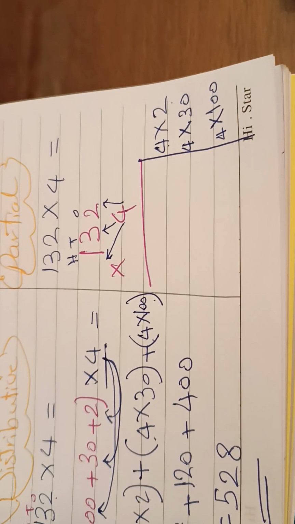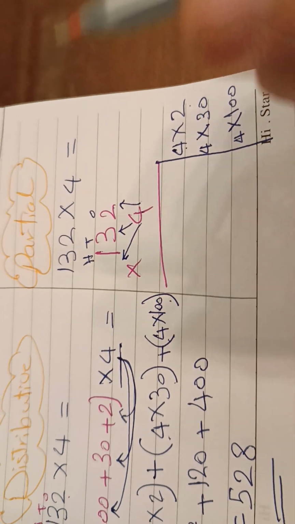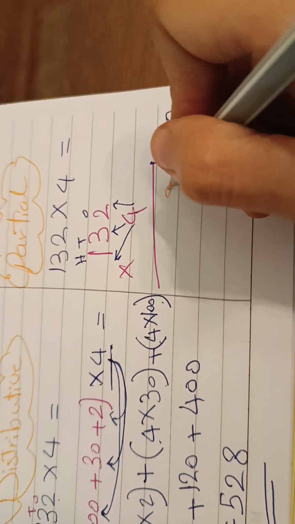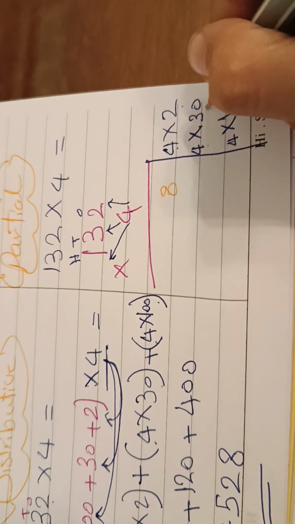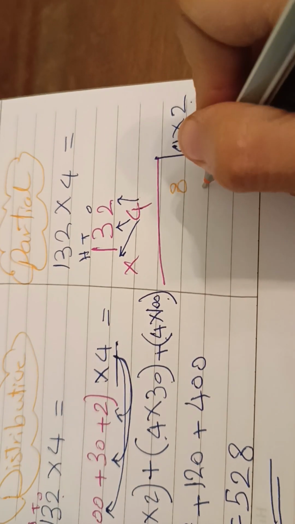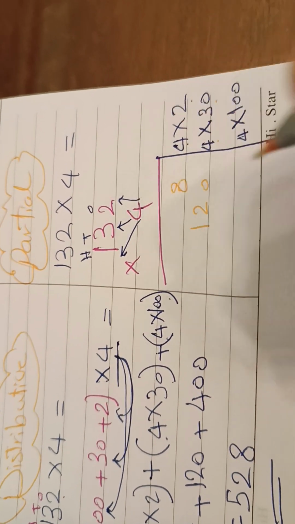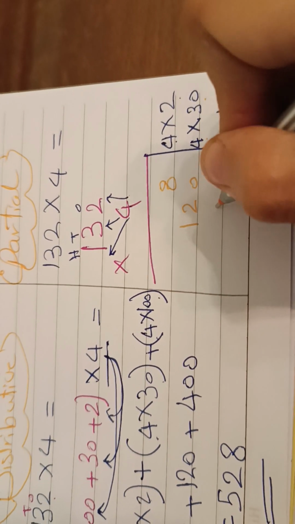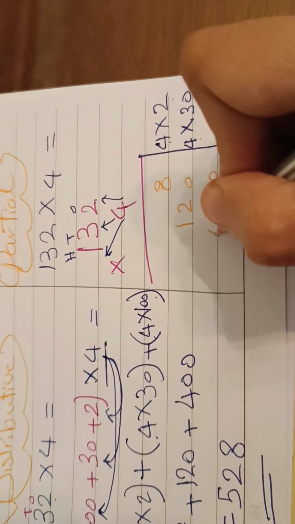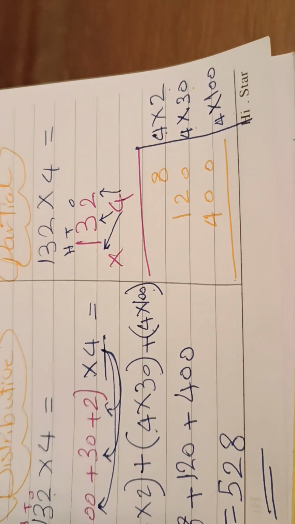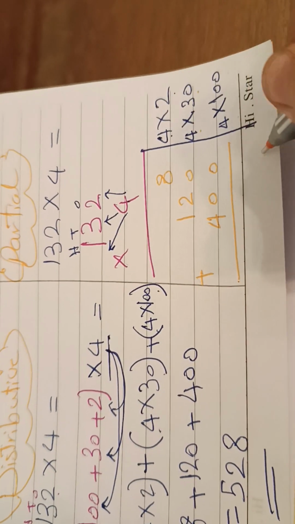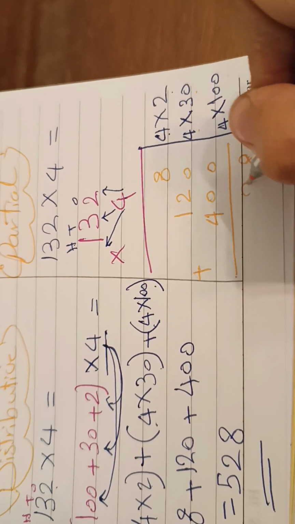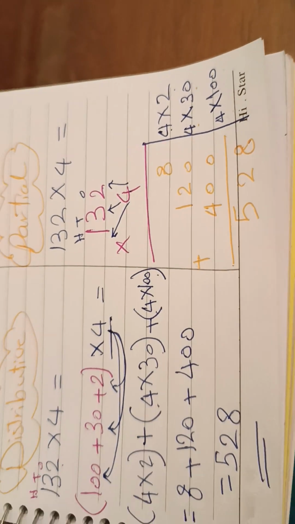Write the digit in its place value. 4 by 2 is 8, and 4 by 30 is 120. Put 0 here, and 0, 12. And 4 by 100, put the 2 zeros to the most right, and 1 by 4 is 4. Now I will add. This is 8, 2, and 1 plus 4 equals 5.